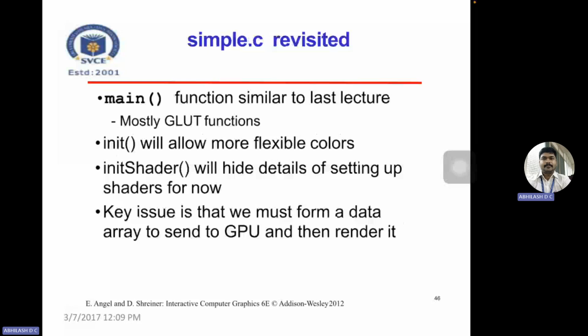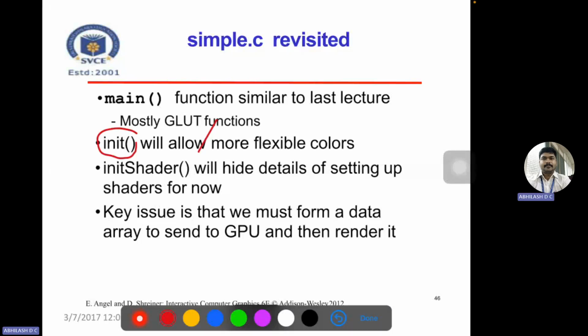That buffer will be having some data. So how do we deal with that data? We have to clear that particular buffer. For that we actually use the init, right? Which allows us flexible colors. So that's about the init.